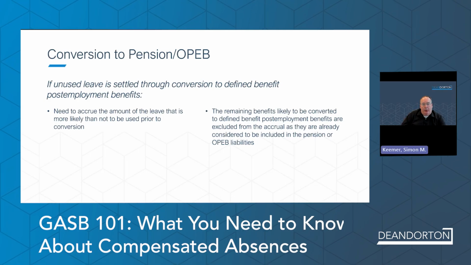So let's say, for example, you've got a policy that says for sick leave, you get this much per year, and you can accrue it and you can use it. And then when you terminate employment, any unused sick leave will get converted to extra service period within the pension or OPEB plan.